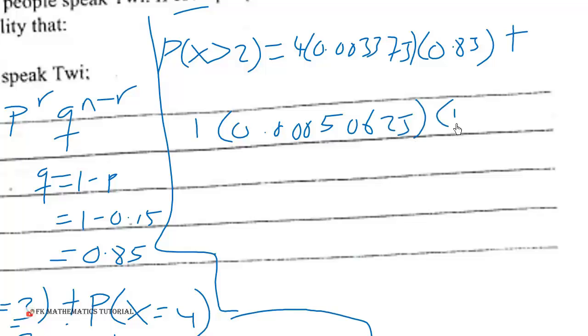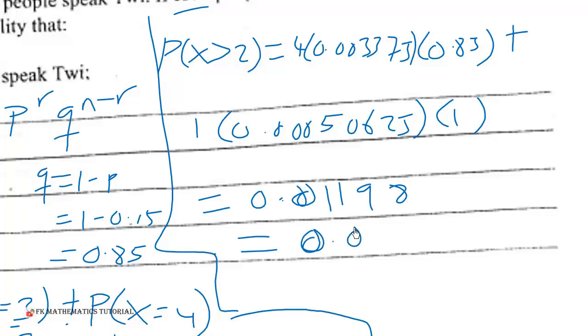We multiply it by 1. So when we simplify this, we are getting 0.01198. And to 2 decimal places, we are going to get 0.01. So that is the probability that we got more than half speaking Twi.